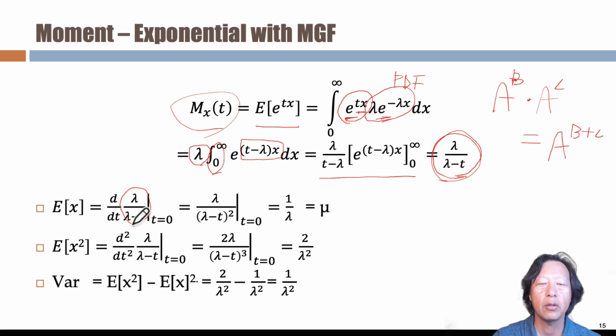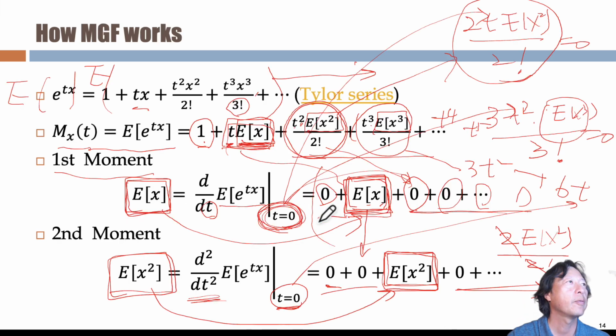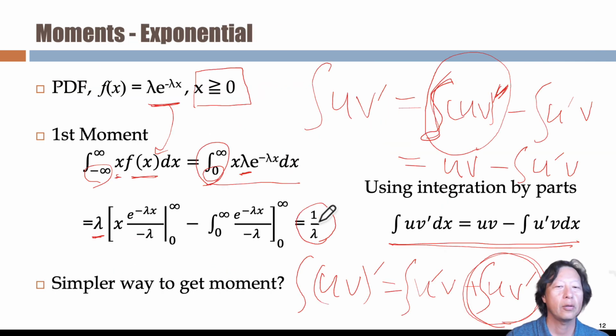You can find out this is the case because t is in the denominator, and then put t equals 0. Then this will be lambda over lambda squared, which is 1 over lambda, and that's the result you get. This is the same result we got here, right?